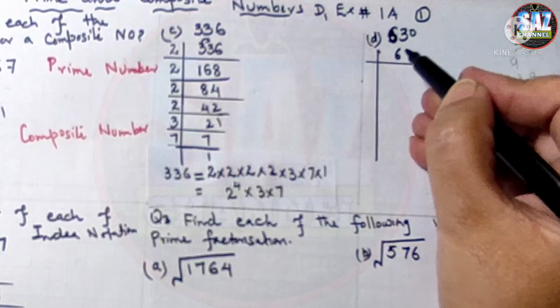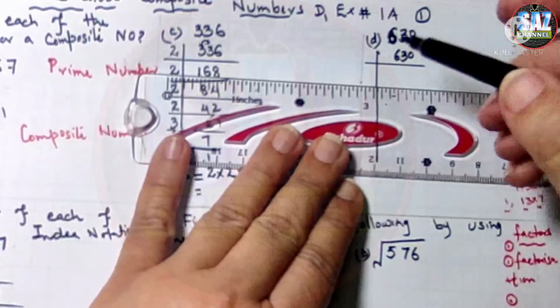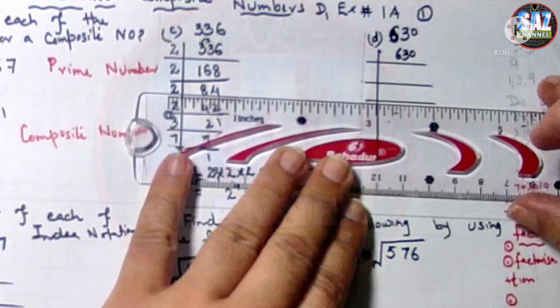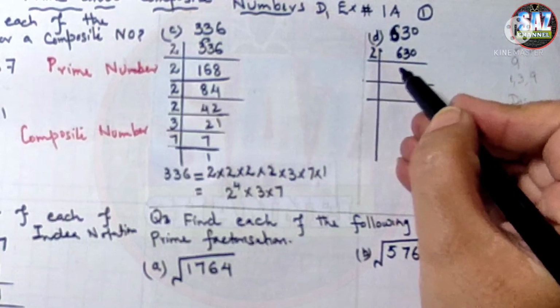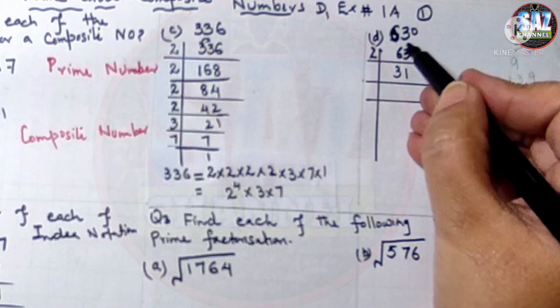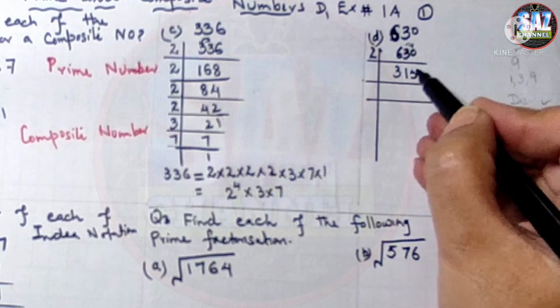As unit digit is 0, so we can easily divide this number by 2. Okay, and let me make some diagram here, complete some portion. 2 how many times? 2 3s are 6, 2 1s are 2, and 1 I have to give to this number, and 2 5s are 10.